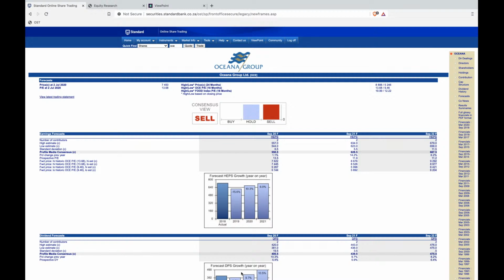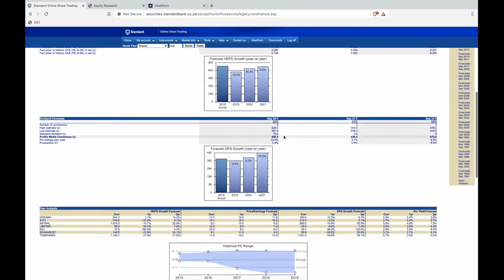And they ask basically 3 questions. What do you expect headline earnings to be for the current and 2 following financial years? So in this case of Oceana, the year will be to September 2020, and then 21, and then 22. They also ask, what is the expected dividend, again for the current full financial year and the following 2 financial years as well.